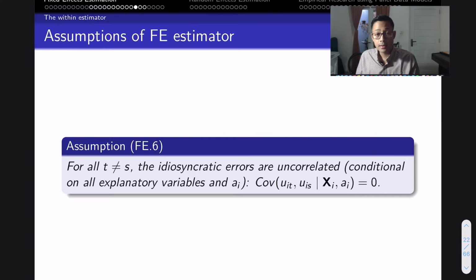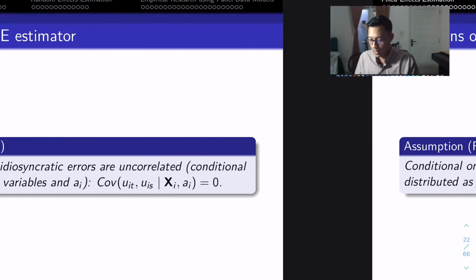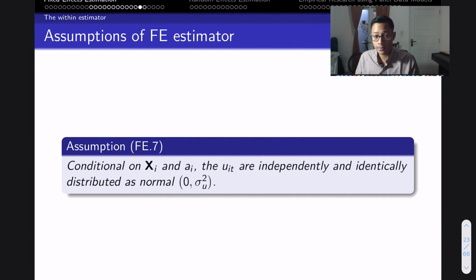Okay, and the seventh assumption is that conditional on x and the unobserved heterogeneity a, the shocks are going to be independently and identically distributed as normal. We want this assumption so that we can generate estimates assuming a normal distribution.